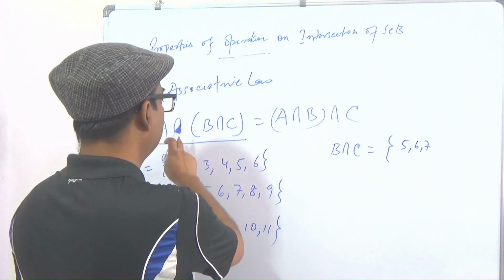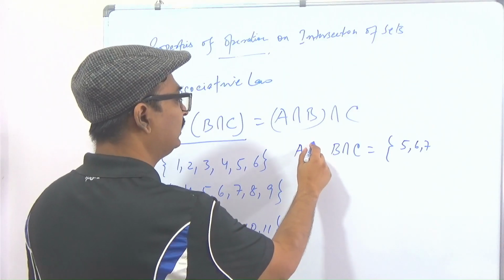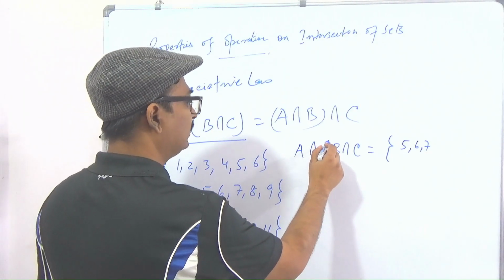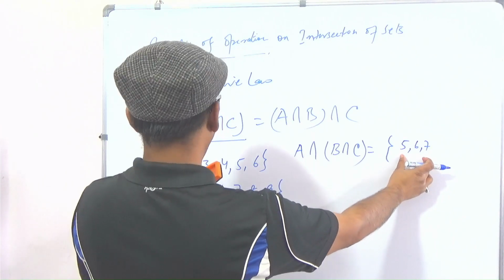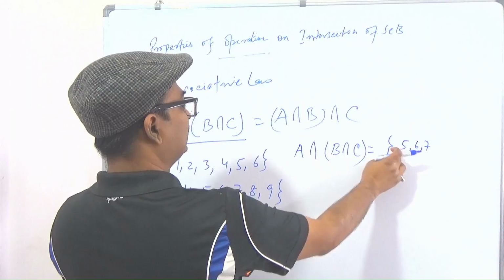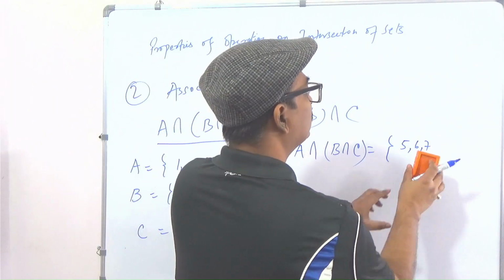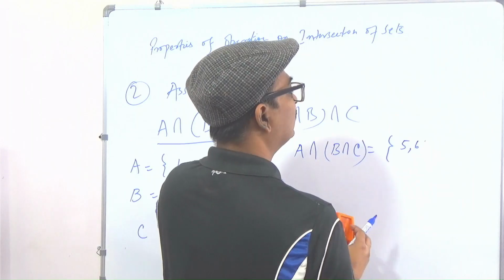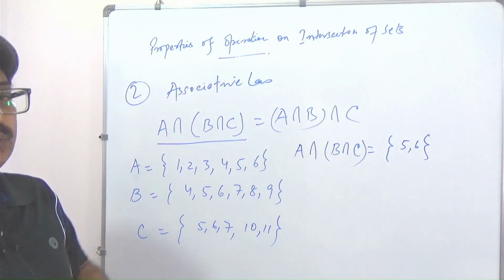And then we intersect this with A. A intersection (B intersection C). Which elements are common? 5, 6, 7. We have only 5 and 6. 7 is not present in A. So 7 will get out. So A intersection B intersection C is 5, 6 only.